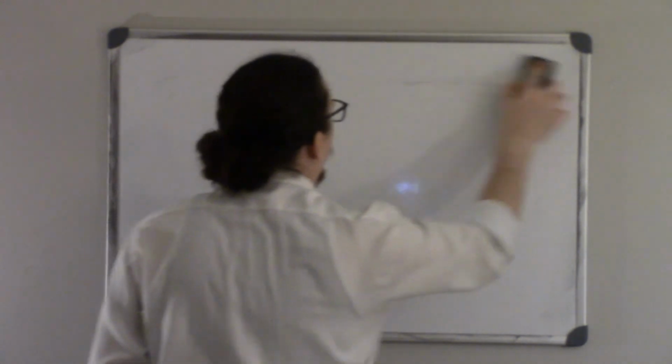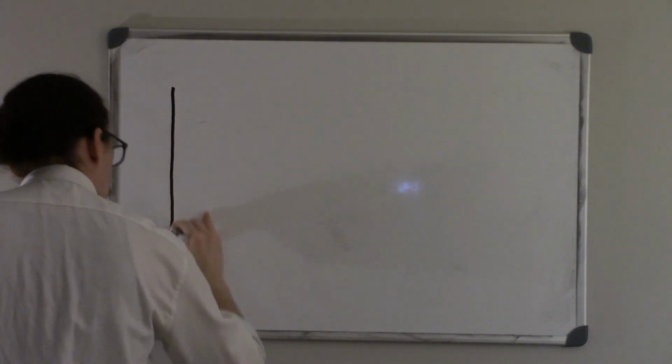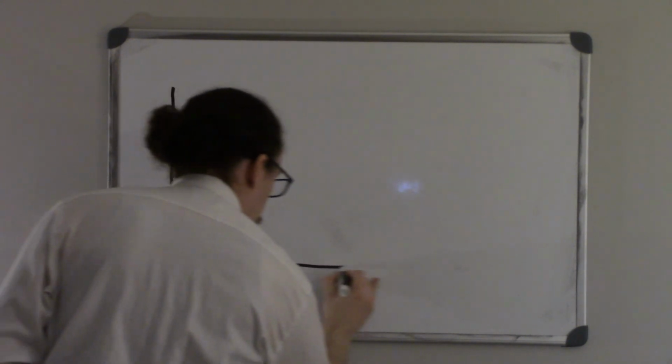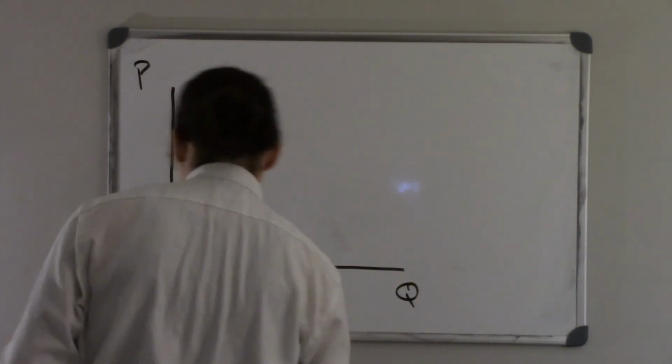Usually we're not going to look at it on an individual basis. We are instead going to look at it on a market basis, so let's go ahead and do that as well. So, price, quantity.